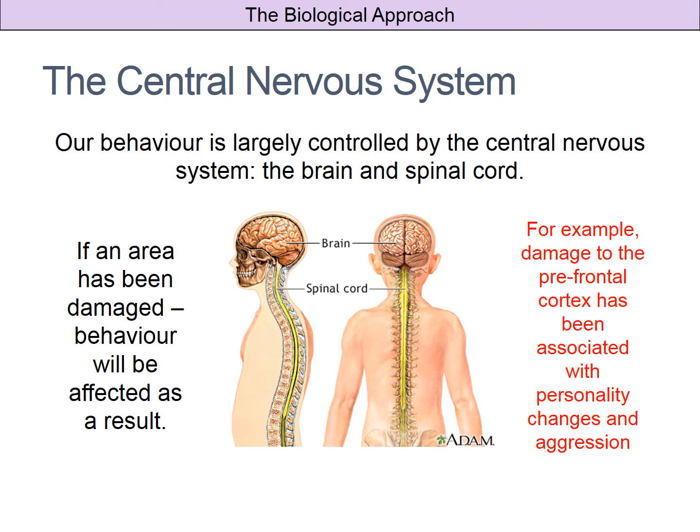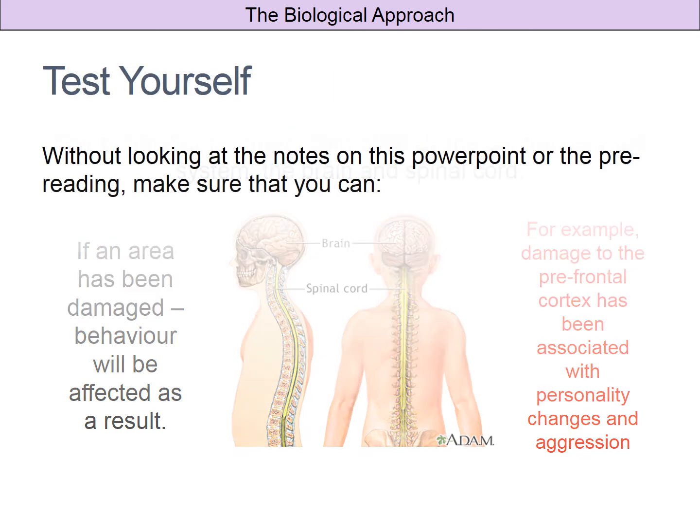So to give you an example, damage to the prefrontal cortex, which is an area of the brain at the very front, has been associated with changes to personality and increased levels of aggression. And we think that's because part of the job of the prefrontal cortex is to control impulses. So without that level of control, personality changes and aggression increases.